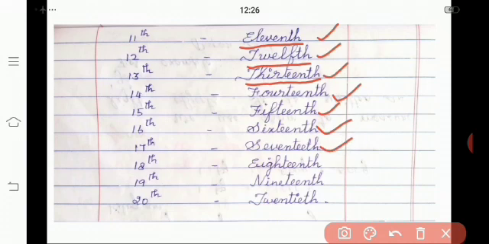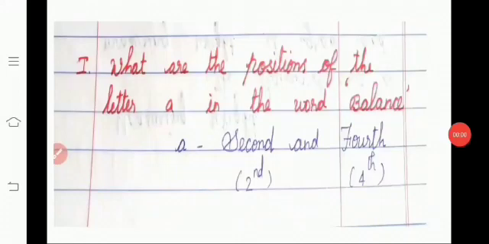Seventeenth, 17th. Eighteenth, 18th. Nineteenth, 19th. Twentieth, 20th. See, children, you have to practice the ordinal numbers 1 to 20 at home. Shall we move on to the next one?